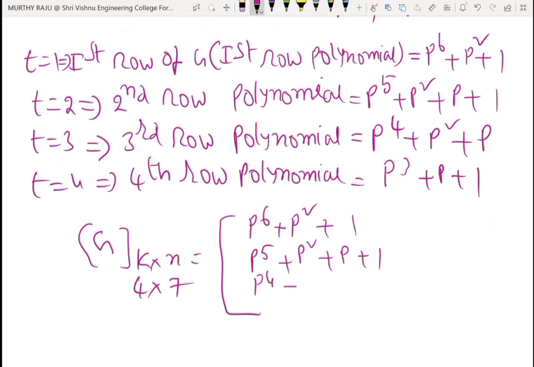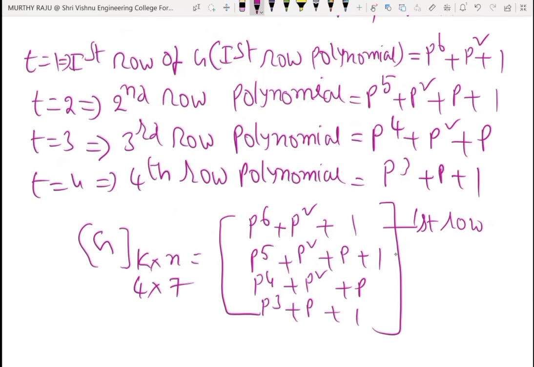Third row is p power 4, p square plus p. Fourth row is p cube, p plus 1. This is the first row, second row, third row, fourth row.